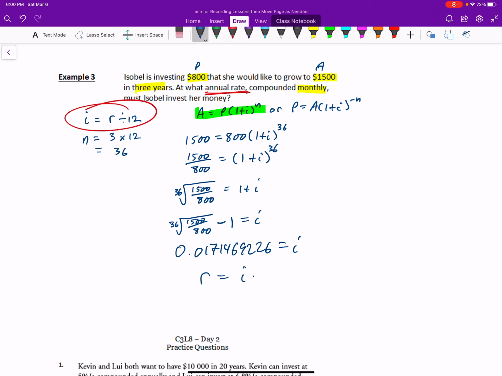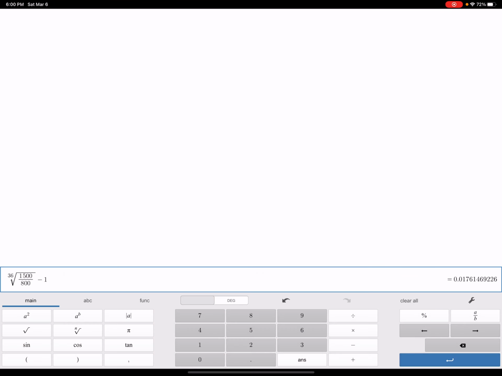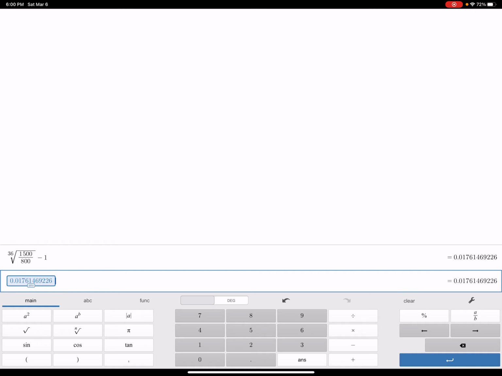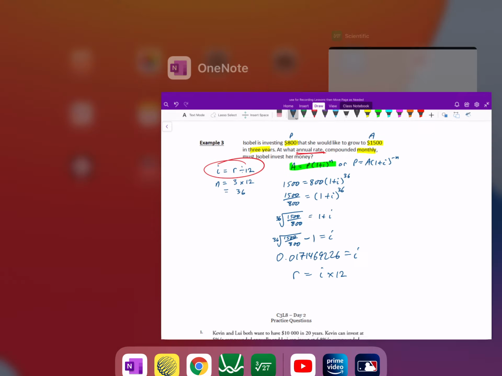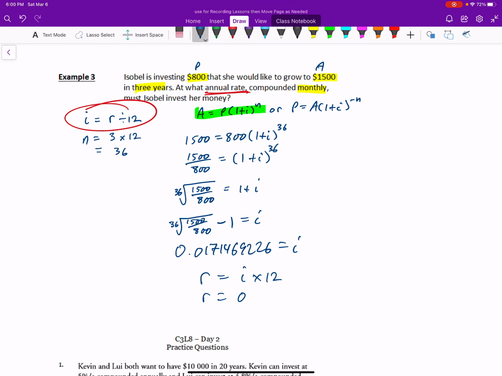So I times 12, I don't want to write all those digits down again, but all those digits on the line above, I've still got them in the calculator. I can just say answer times 12, and I get 0.2114, which is the same as 21.14%.